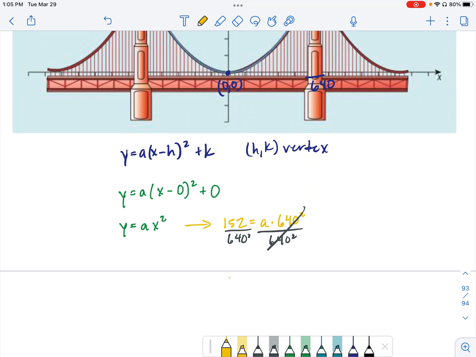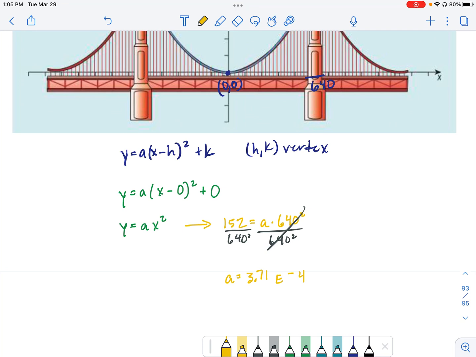Then I get a equals, and your calculator is going to show you, hold on, let me double check this. Your calculator is going to give you 3.7, I'll just stop at 7.1, and then you'll see an E and a negative 4.